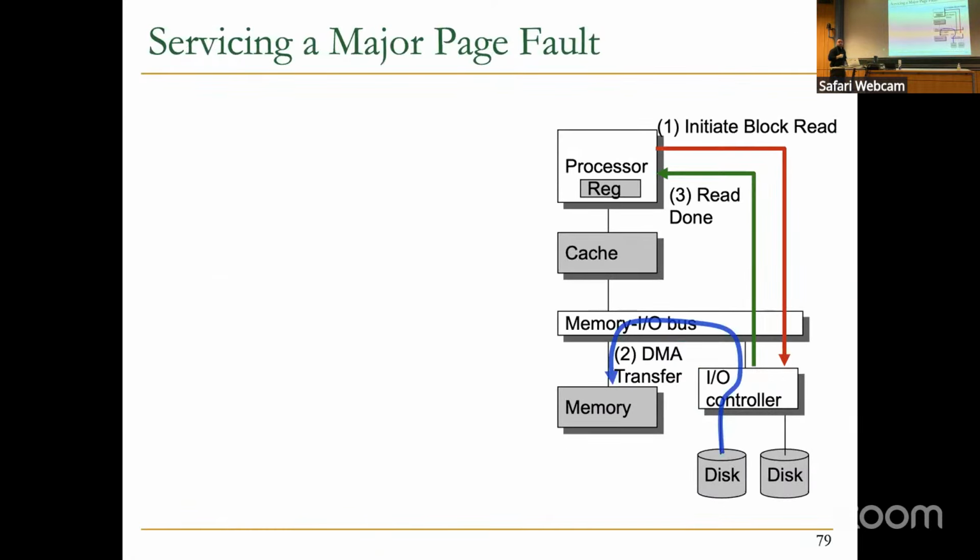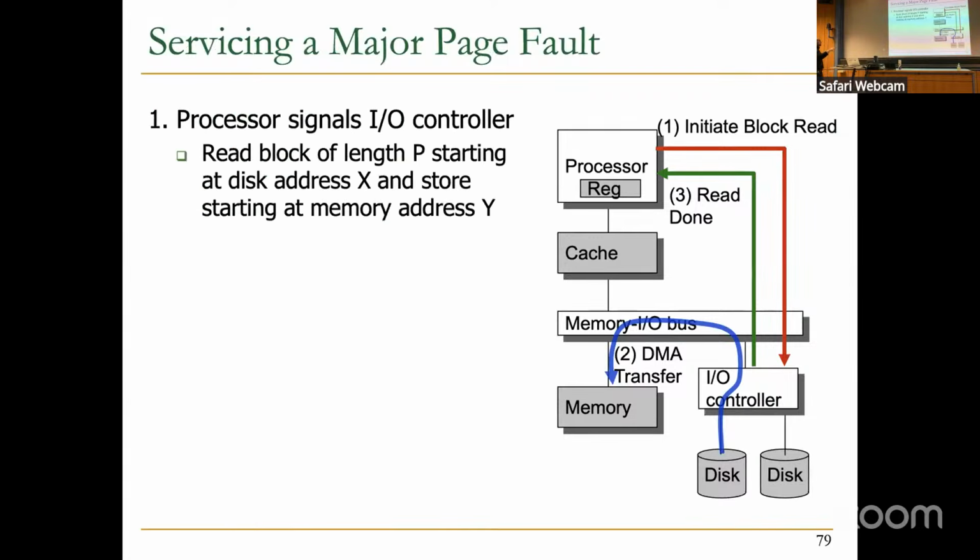This is a more detailed example of how we service this major page fault. The processor signals the I/O controller. The I/O controller says, okay, I will read a block of length P, starting at disk address X and starting at memory address Y. This is done off the critical path. Basically, the I/O controller moves this page inside the memory transparently from the CPU.